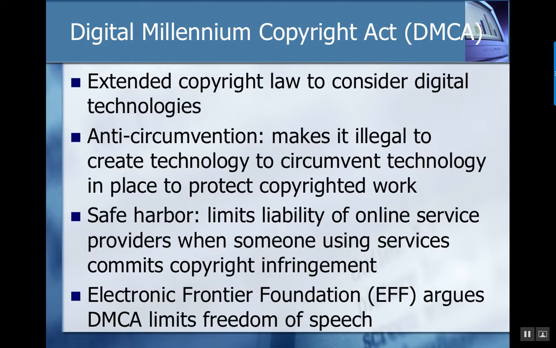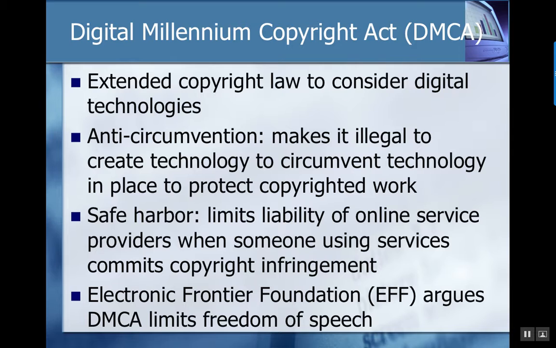Now, there's a rule. Copyright rules have been around a long time now. There was actually an extension put into law, a new law that was developed really to consider digital technologies. This is called the Digital Millennium Copyright Act, or DMCA.